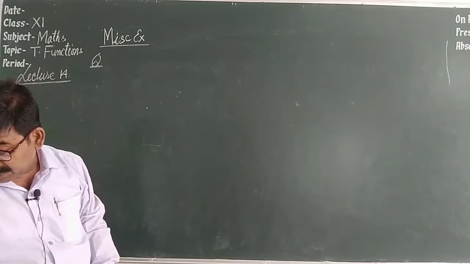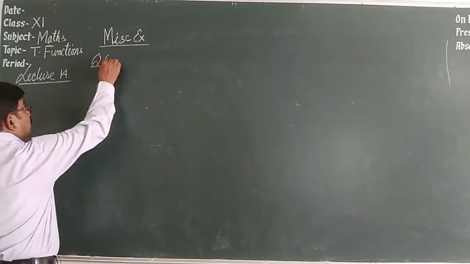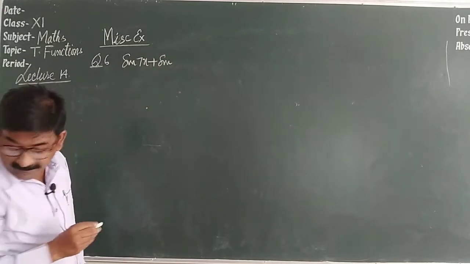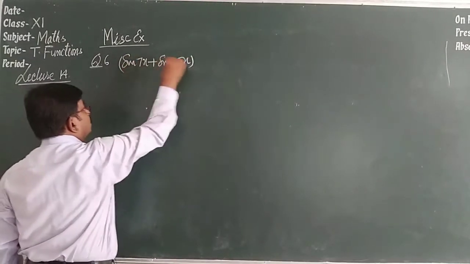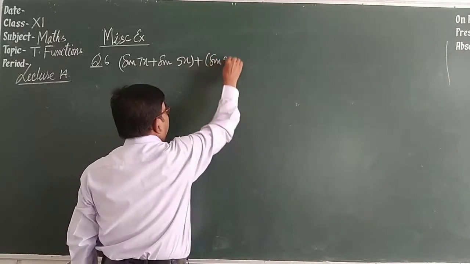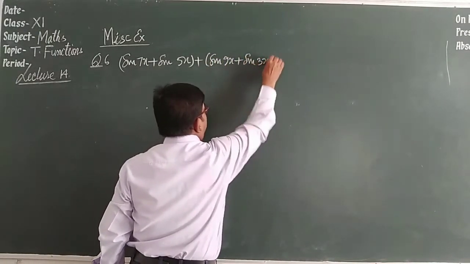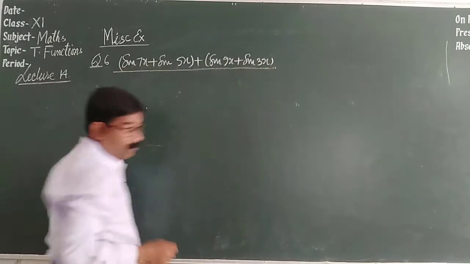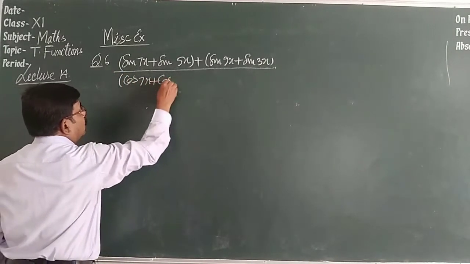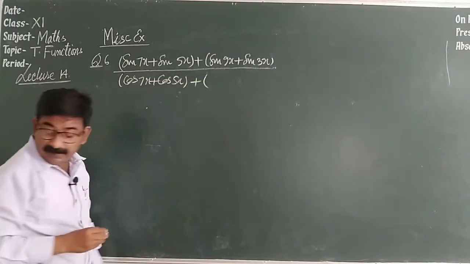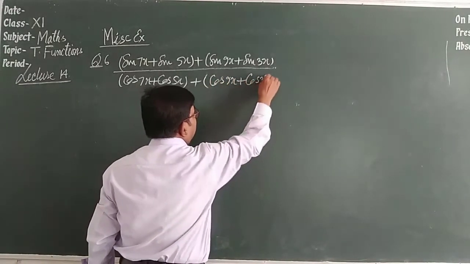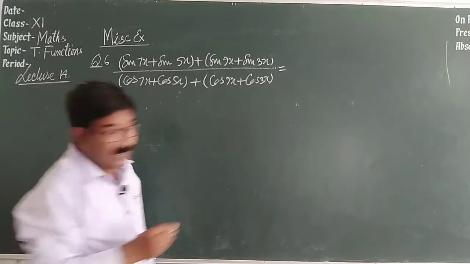See, I am writing sin 7x plus sin 5x, plus sin 9x plus sin 3x, whole upon the same with cos: cos 7x plus cos 5x plus cos 9x plus cos 3x is equal to, we have to bring tan 6x.